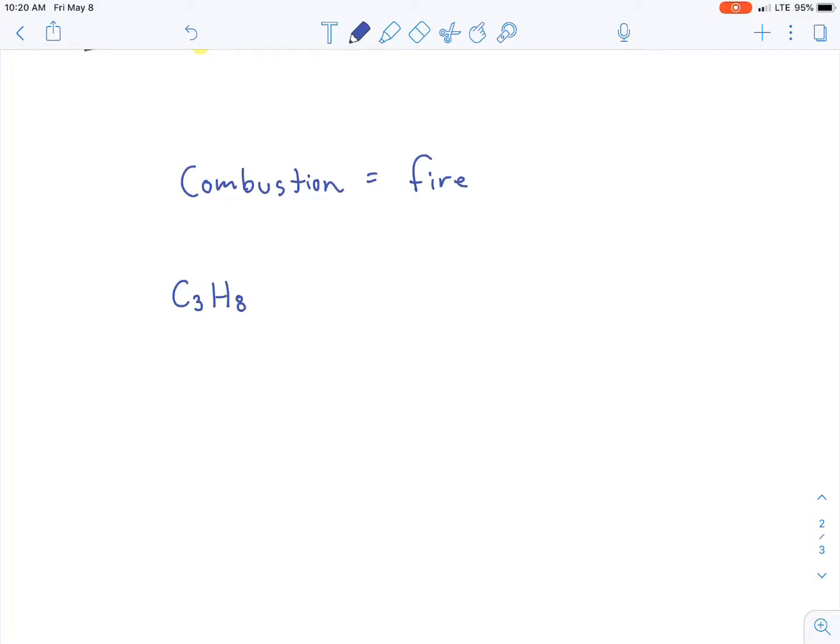Okay, so you start off with a hydrocarbon and you react it with oxygen, right? You can't have fire without oxygen. And then when they react, they have the same 2 products every time, and that would be CO2, carbon dioxide, plus H2O.